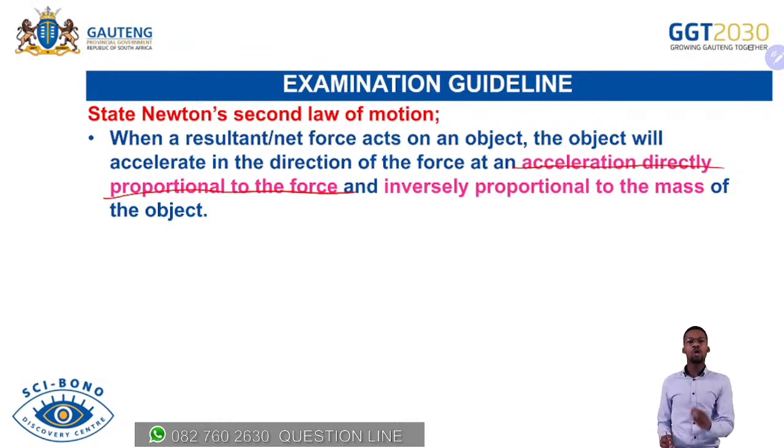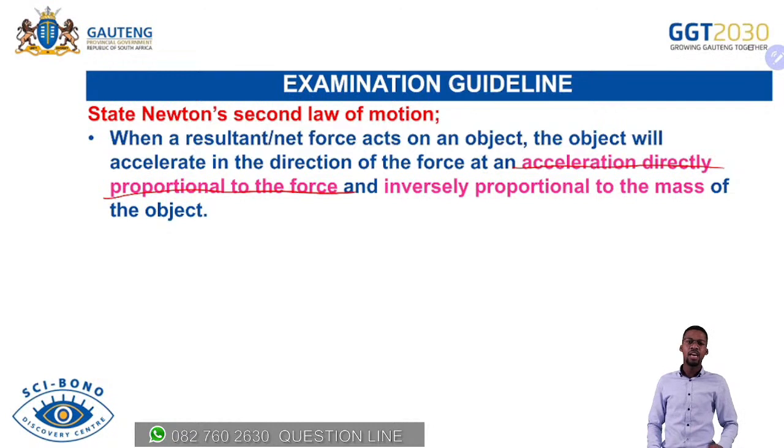So for Newton's second law, we need to be comfortable with defining it because you'll be assessed in paper 1, question 2. That is why I did say that we will be doing all the topics that are examinable in grade 12, and Newton's laws are fully examinable.